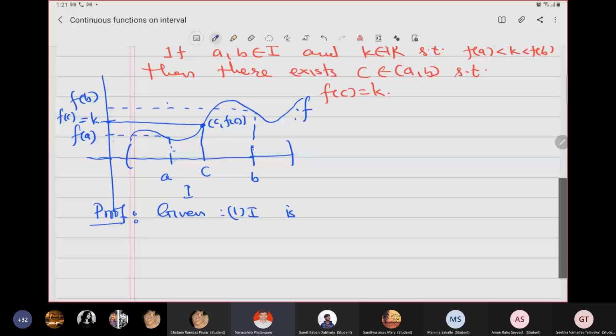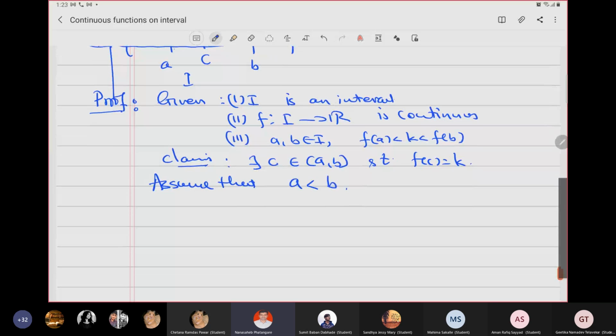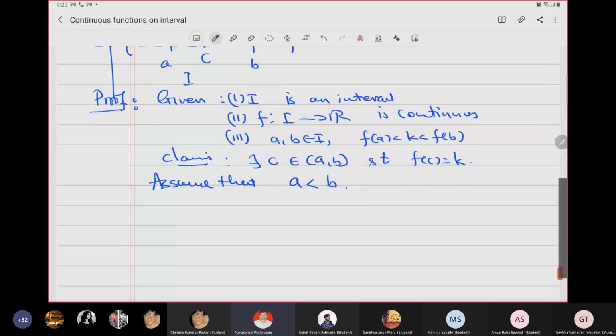Suppose a and b are any two points, and the value k lies in between f of a and f of b. So a and b are two numbers. One of them is bigger, another is smaller. So suppose a is less than b.